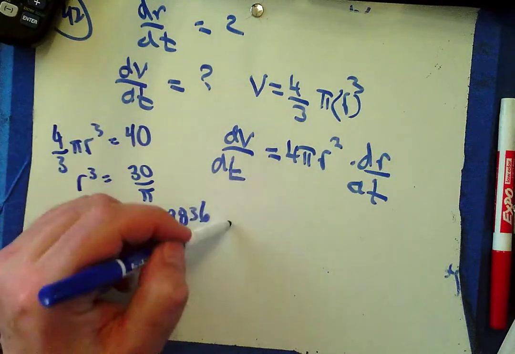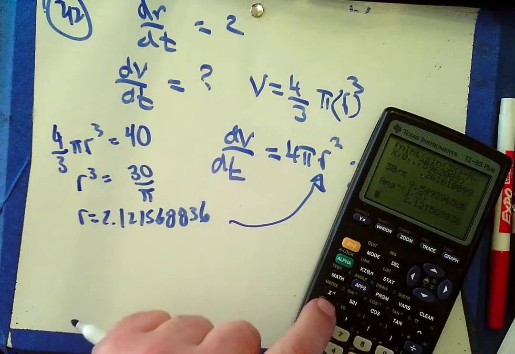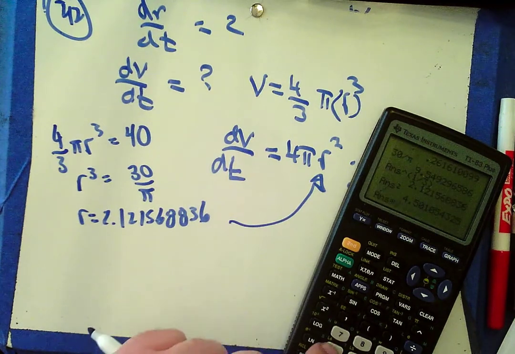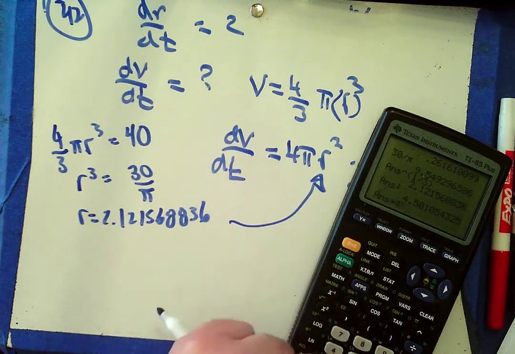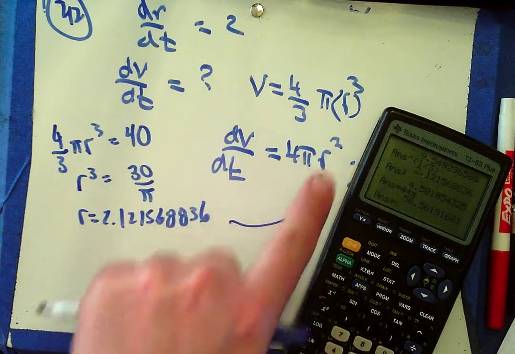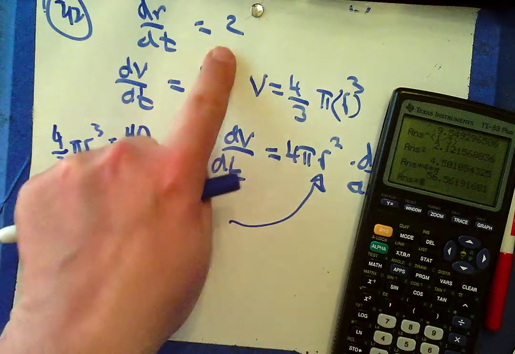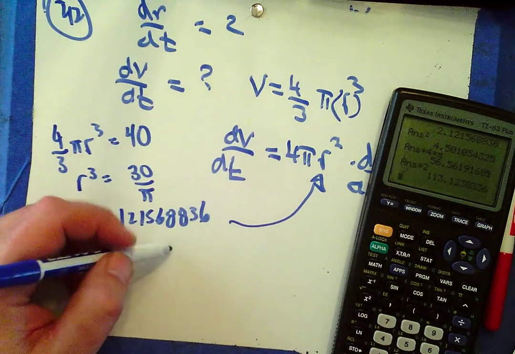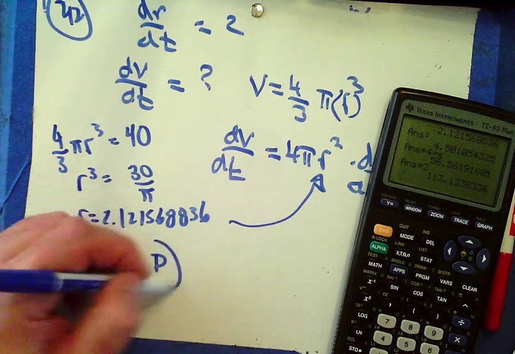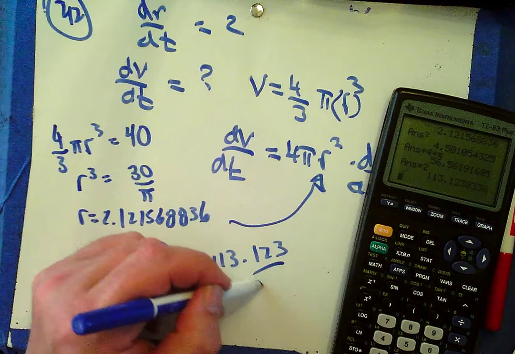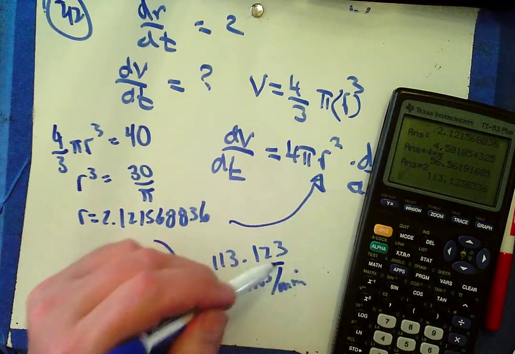Okay, that's going in here for r. I need to square that number, multiply that by 4 times pi, and then multiply that by dr dt, which was 2. And so I get 113.123, which is choice D, 113.123 centimeters cubed per minute.